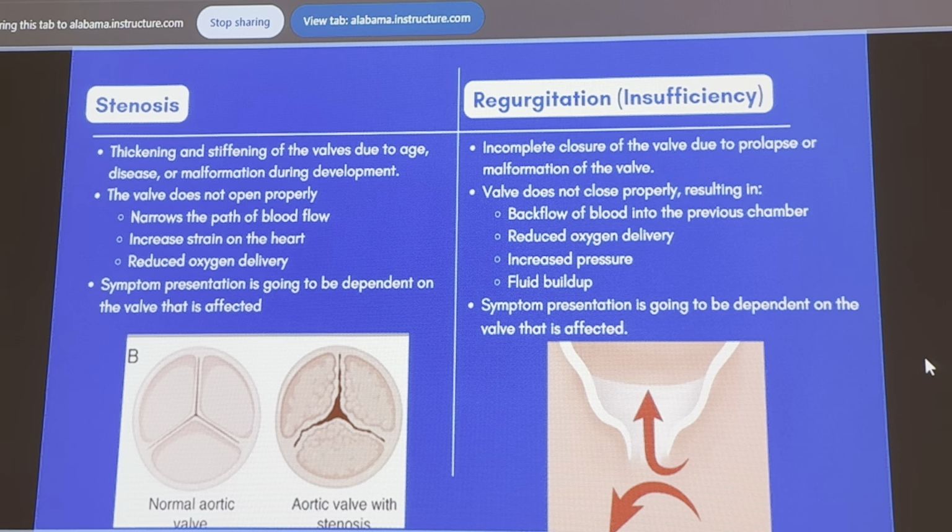So that's why, again, it's important to know when is that aortic valve opening? When is it closing? When is that mitral valve opening? And when is it closing? Okay? Questions about stenosis versus regurgitation?